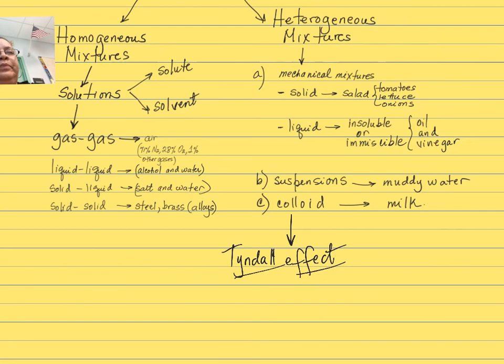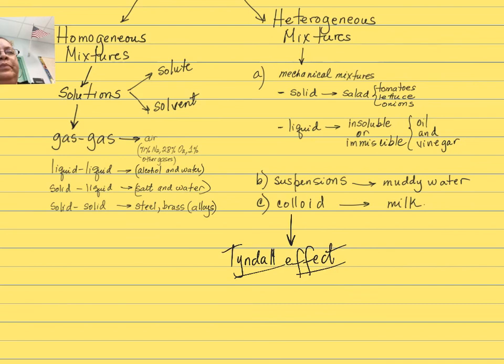If you want to do that at home, you can. Get a glass of salt and water and a flashlight, and put the flashlight in front of the glass. You will see that the light will go through, because since you have a solution, all the particles are dissolved evenly in there.